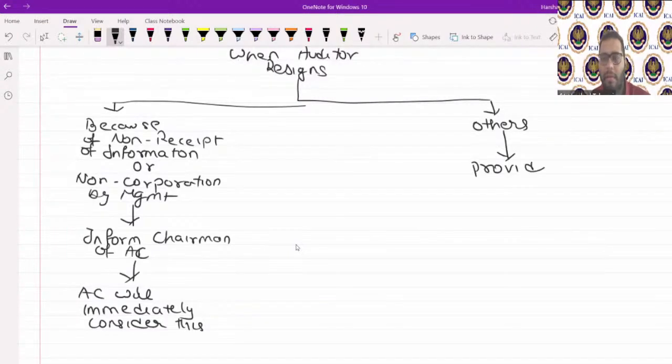Now, other reasons: provide documents and explanation to the audit committee.